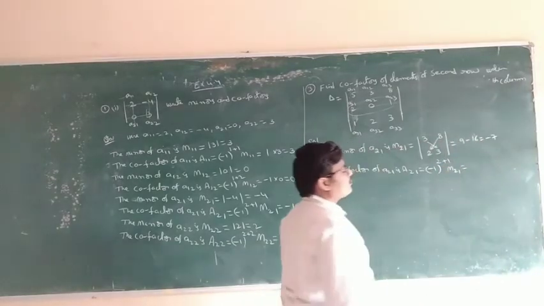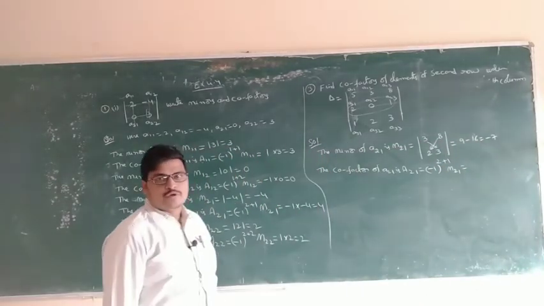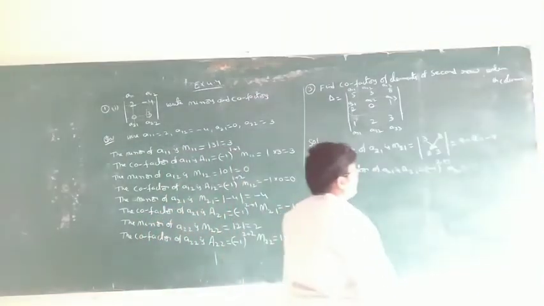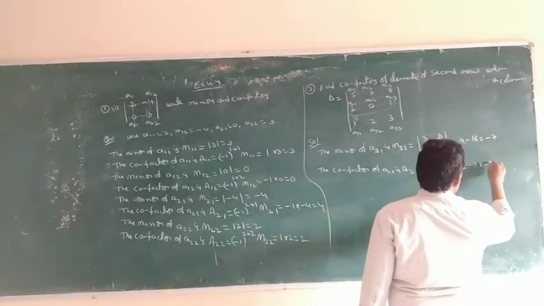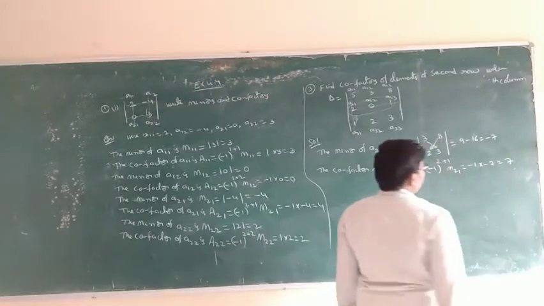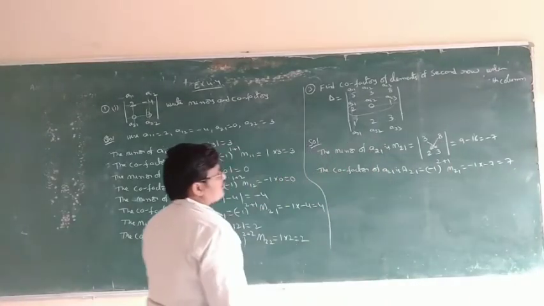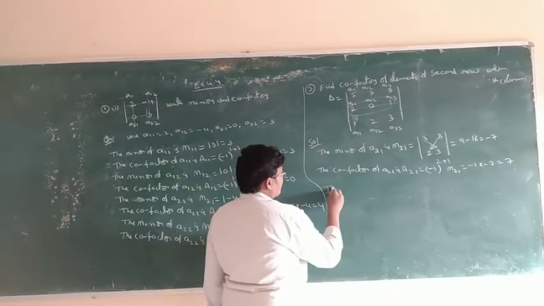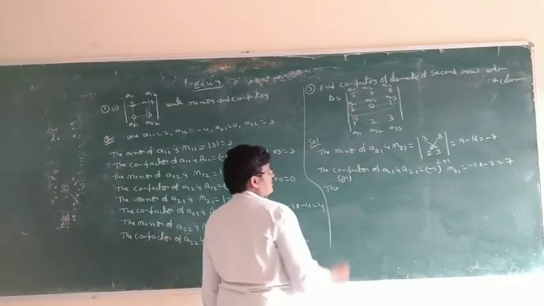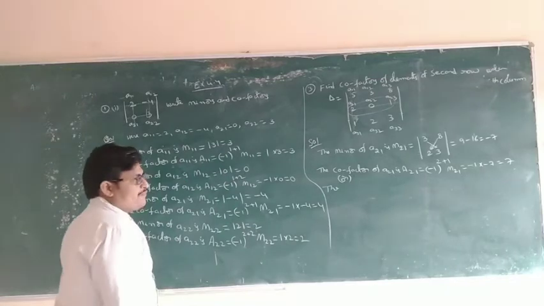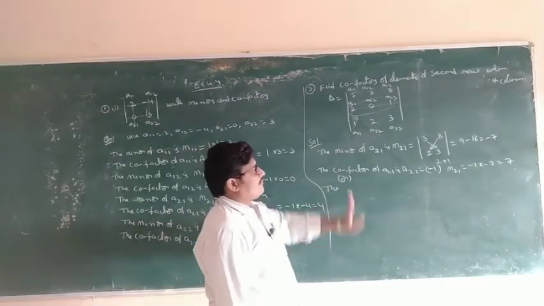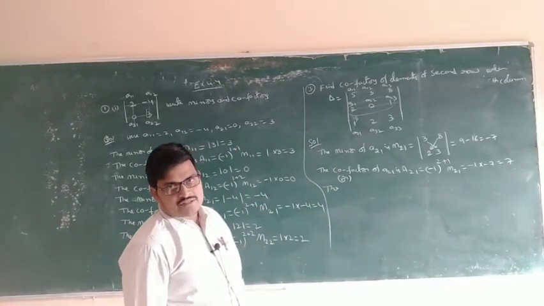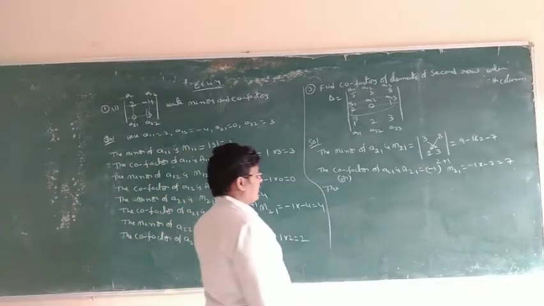Minus 1 whole power 2 plus 1, minus 1 whole cube, is equal to minus 1 into minus 7, which is equal to 7. This is the normal procedure. Okay, now directly find the cofactors. How to find the cofactors directly?